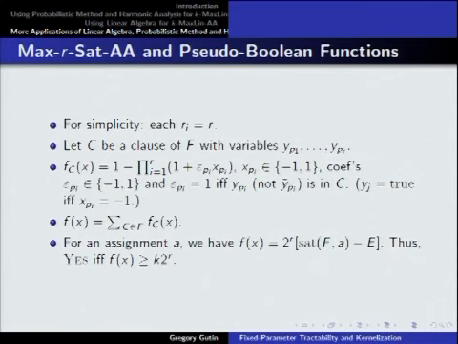And then of course we sum up all the pseudo-Boolean functions for all clauses, and it's not difficult to see that the answer to max r-SAT above average is yes if and only if that pseudo-Boolean function, the sum, is more or equal than k times 2 to the power of r. Okay, and since r is a constant, we are fine with that. You know, it's just a coefficient.